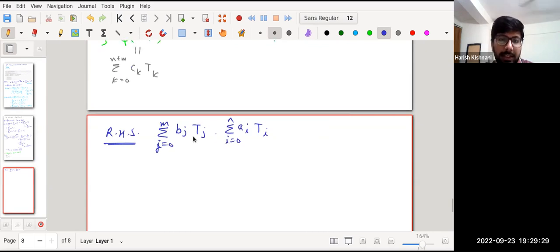But see, let's say for the zeroth index, here you have b naught, you have a naught here. So the coefficient will be b naught a naught. Then when j is 1 and i is 1, if you multiply these, you will get a term of the form t1 t1, t1 from here and t1 from here.